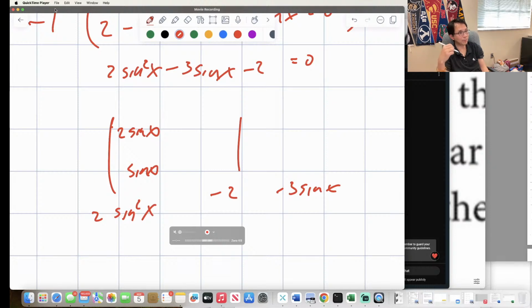Do I place 2 on the top or 2 on the bottom? It should be on the top, because this is going to give you 4 sine of x, and this is going to give you sine of x. And one of them is negative, right?